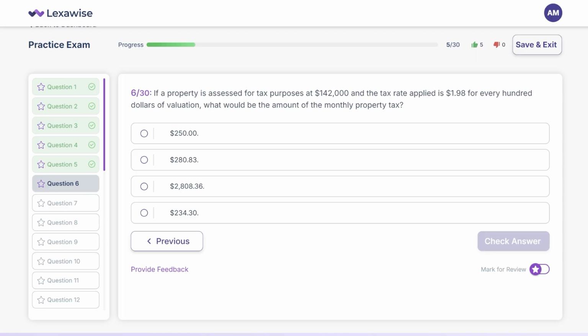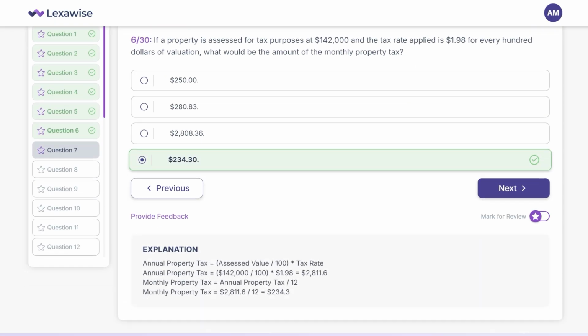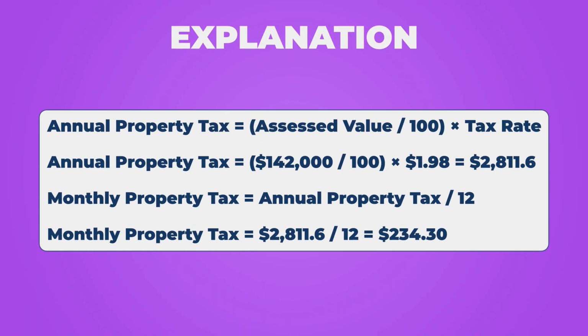Got your answer? Well, you're on point if you said D, $234.30. Let's see why. Annual property tax equals assessed value divided by 100 times tax rate. Annual property tax equals $142,000 divided by 100 times $1.98 equals $2,811.06.